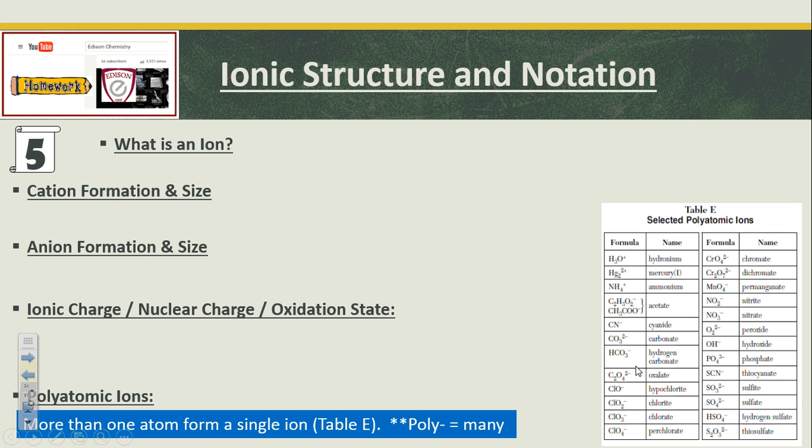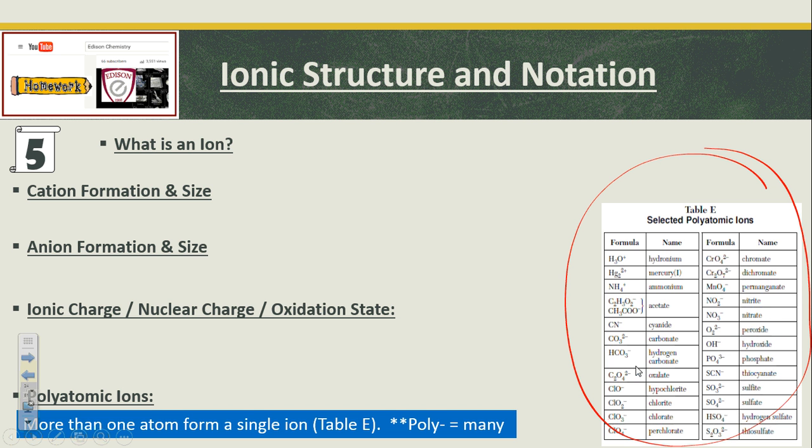Polyatomic ion. These are unique, and there's an entire table in our reference tables that covers the ones we need to know. A polyatomic ion is a compound that in itself has a charge.